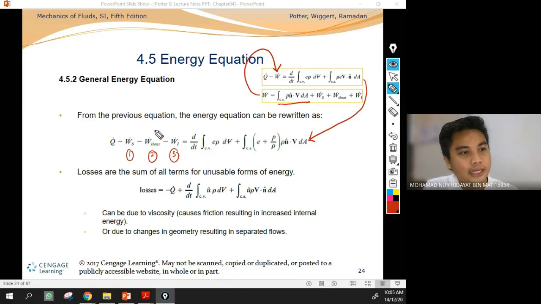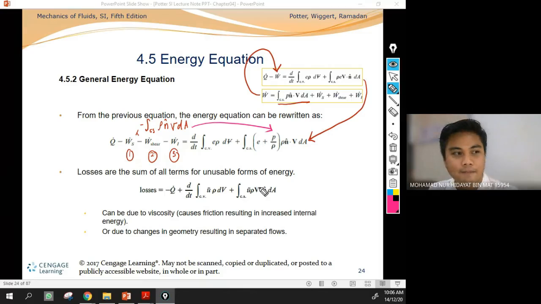We call it the flow work. There is the term here, but this term is basically shifted to the other side, right? They shift to the other side.